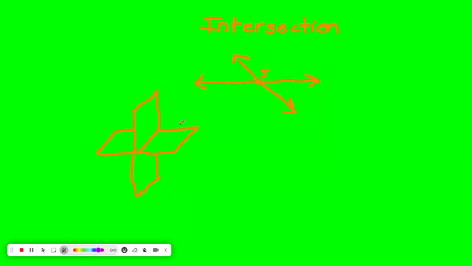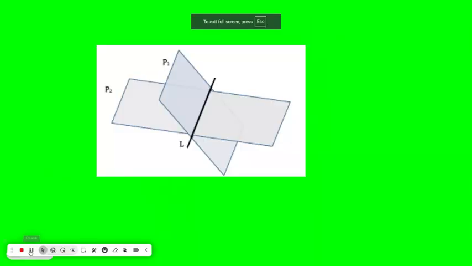So maybe the line is going from here and it cuts into that plane and the other plane. Well, it's barely going into the other plane, but it goes through the plane. It's going through two planes. And the point where they go through those two planes is the intersection. Let's get a bit of drawing on that. There's a better one. So you can see the line.